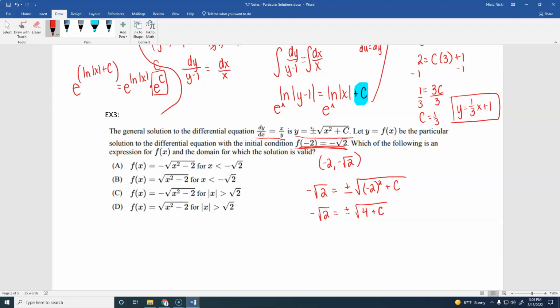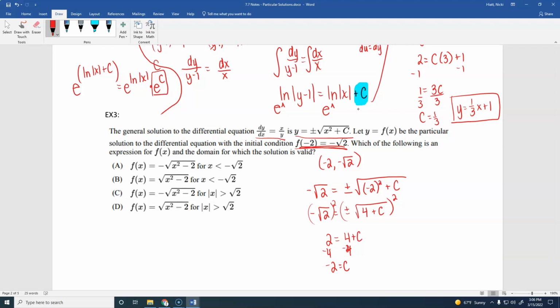And we could square both sides here to get rid of those square roots. It'll also get rid of any of the signs, so you'll just get 2 equals 4 plus c. Subtract your 4. So -2 is your c.